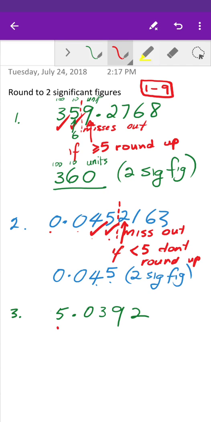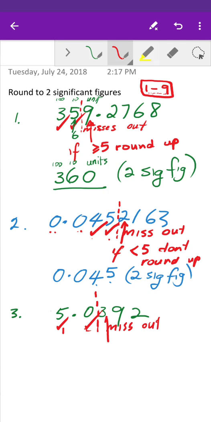So we want the 5, that's our first significant figure, and each place after that counts. So this is our first place, our second place. Notice the 0 does get counted because it's for the second, third, fourth, we do count the zeros. But the first number must be a 1, 2, 3, 4, 5, 6, 7, 8, or 9. Do not count the zeros as the first numbers. So we've got 1, 2. Therefore, these miss out.